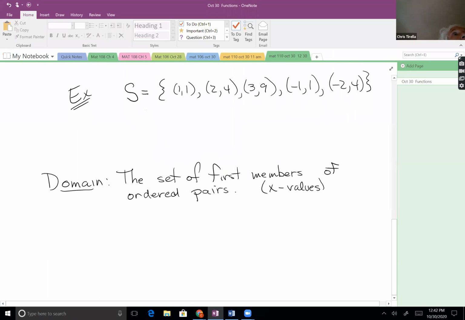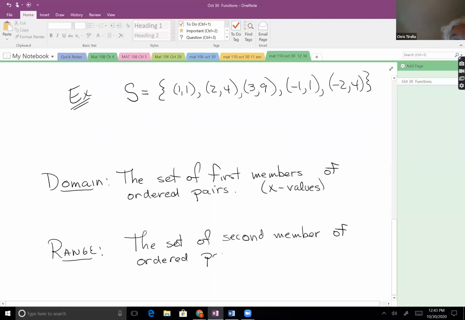If the domain is the fancy name given to the first members, the X values, we have another term, the range. The range is the set of the second members of the ordered pairs. Some people think of those as the Y values.